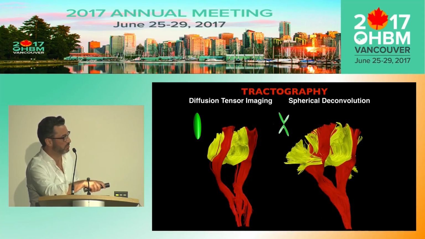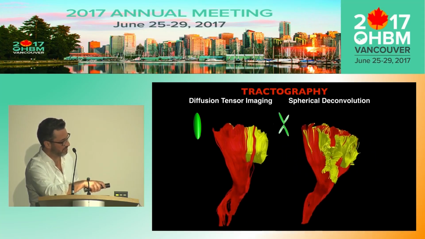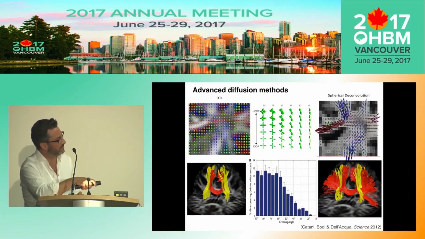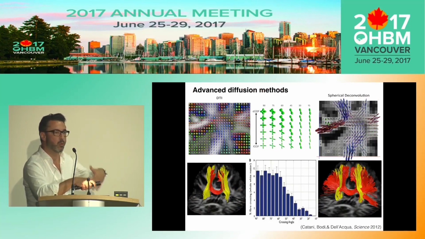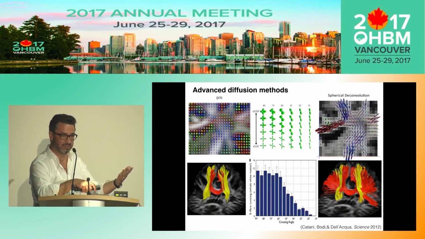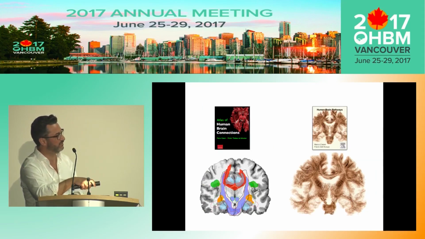And the reason is that when we use the tracking algorithm, we use this information rather than the other. Because of that, there are advanced models, but advanced models have the problem that on one hand they show you more, sometimes they show you too much. So you have now models that create false positives.